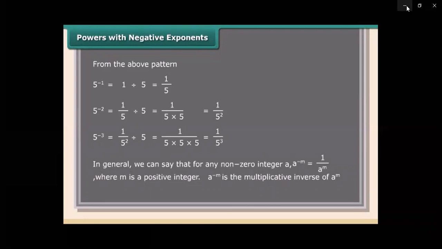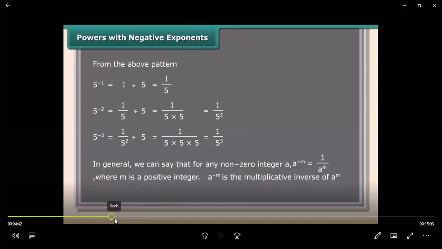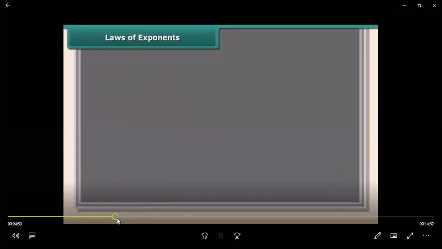If you multiply a raised to the power -m into a raised to the power m, you will always get 1. Okay. Similarly, if you are multiplying 5 into 5 raised to the power -1, then you will get 5 into 1 by 5, that is nothing but 1. So this was the concept of multiplicative inverse and how we can represent a non-zero integer a having a negative exponential power. So let's move to our next concept, which is laws of exponents.